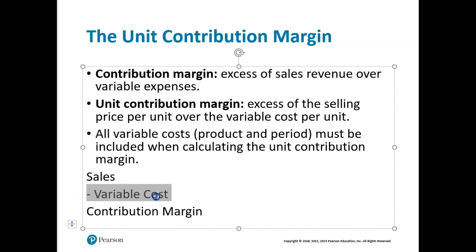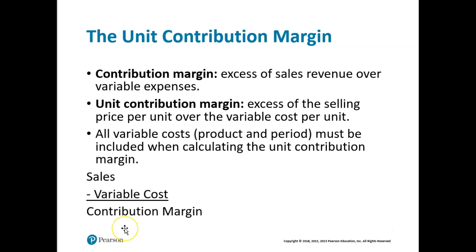And the neat thing about it is that with our assumptions, we assume that the relationship between these three stays the same. So if sales are 100% and variable cost is 60%, then your contribution margin is 40%. Okay, so we could take the total contribution margin, divide it by the number of units, and get our contribution margin per unit.